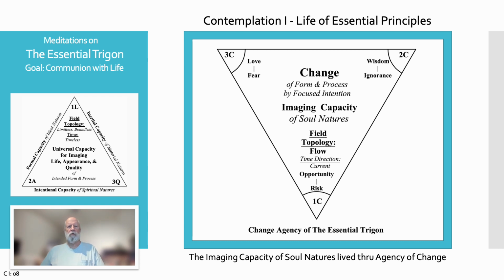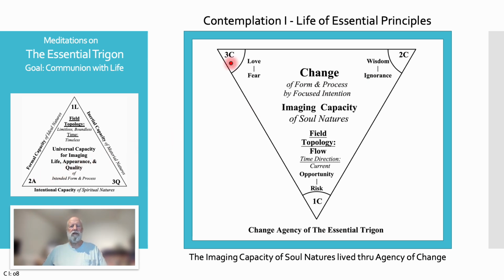As a function of the soul nature, it does this through the subjective focusing of three principal cognitive capacities. These are, at 1C, innate or instinctive recognition of subjectivity as a factor in the intentional behavior of autonomous life forms in 1L. At 2C, logical recognition of objectivity in the interactions of inertial material forms and processes in 2A.